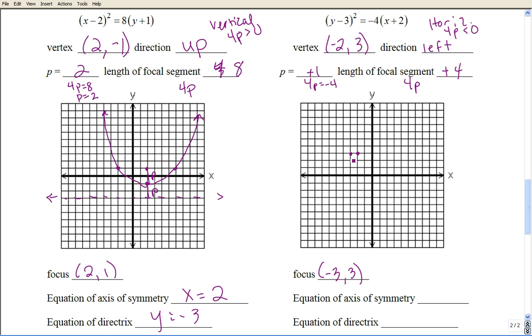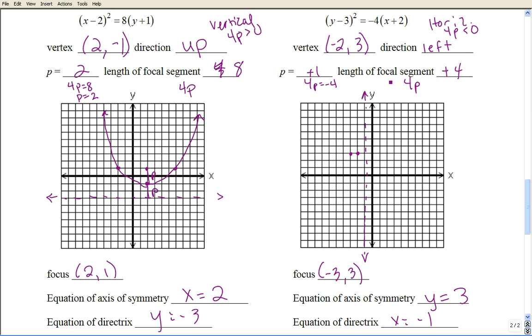The directrix will be the same distance going the other direction from the vertex. So that will be this vertical line right here. So that's x equals negative 1. The equation for the axis of symmetry is that line perpendicular to that. So that will be the equation y equals 3.